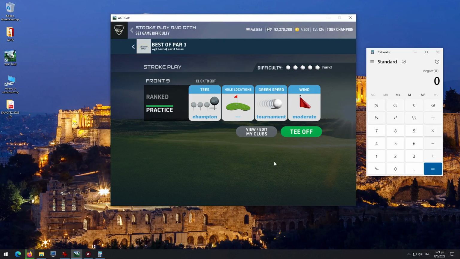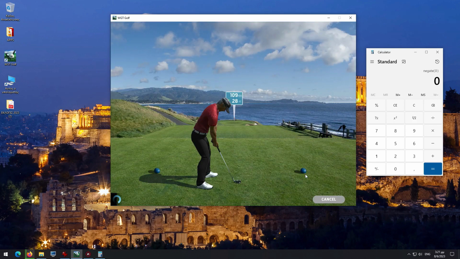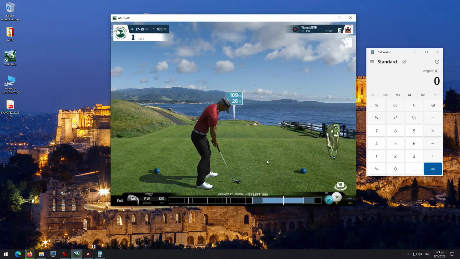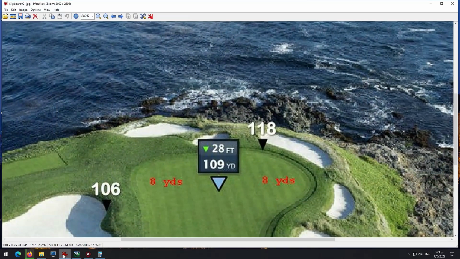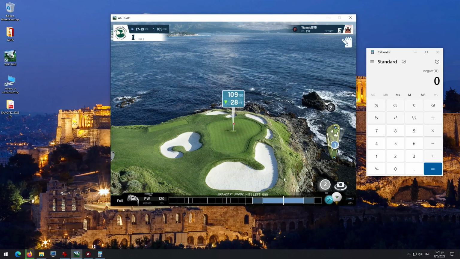We'll go in practice mode. I'm going to see if this is true. So we have the exact same distance, 109, 28 down, and we'll try to put our ball to the same spot to see if this is correct.